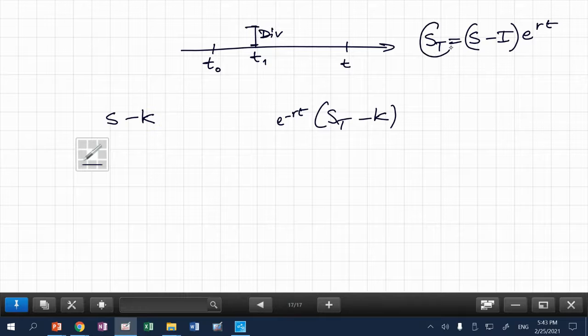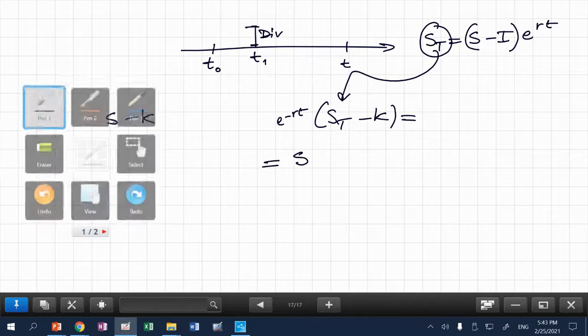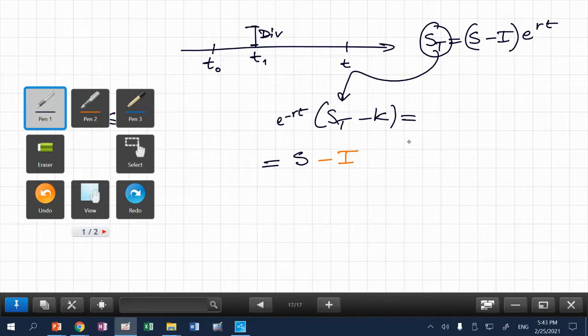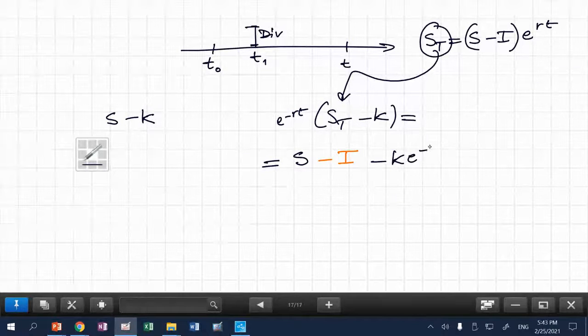If we substitute this ST in the formula, what we get is S minus I minus K discounted. And this minus I was not present in the case before. Is that okay?